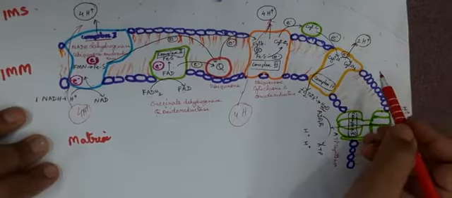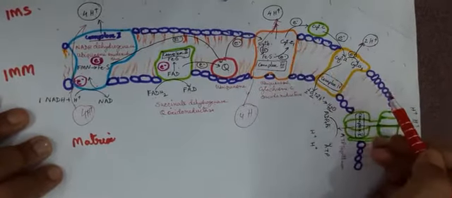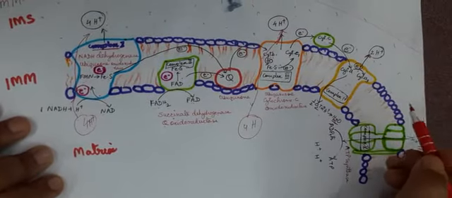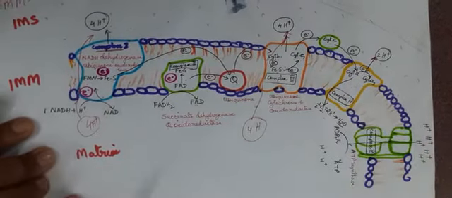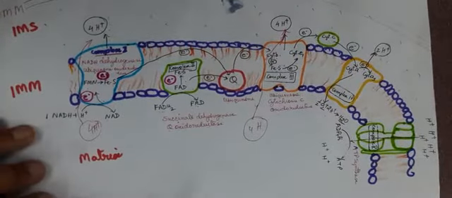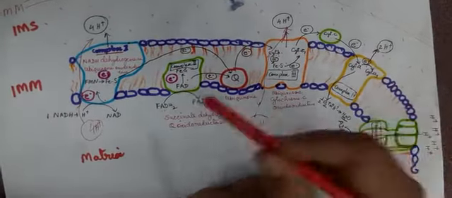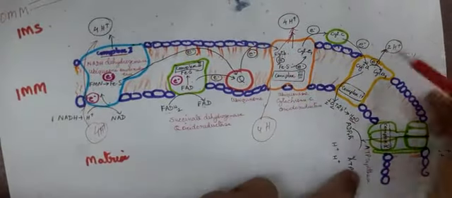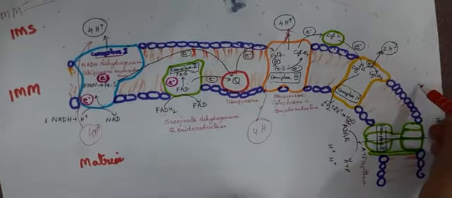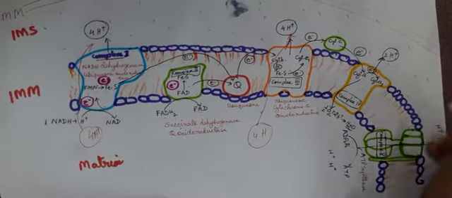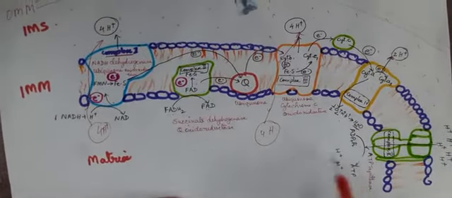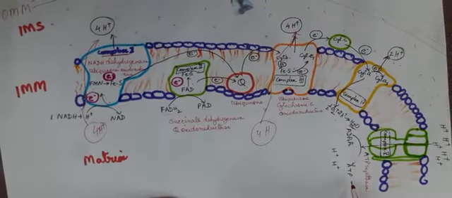So total how many ATP? 2.5 plus 1.5. How much? So it will be the utilization of 4 ATP. After this, due to the movement of hydrogen ions into the space, there will be a large number of hydrogen ions here. So this will create a positive potential here, and because the hydrogen ions in the matrix will be less in number, it will create a negative potential.